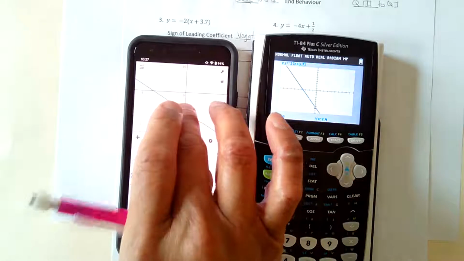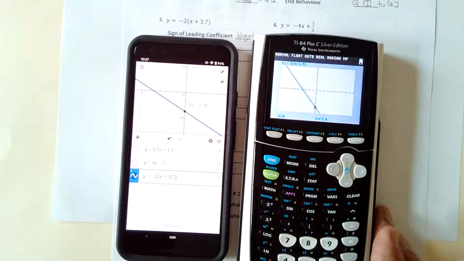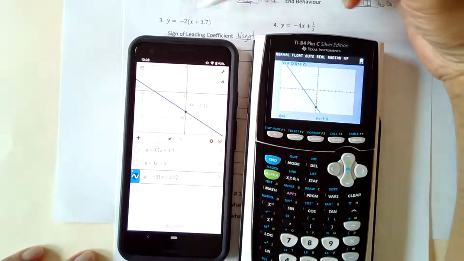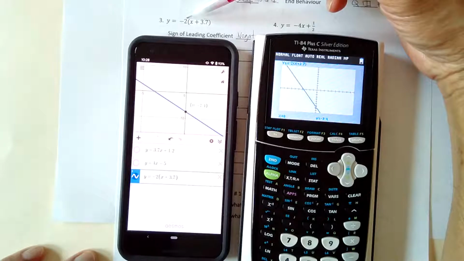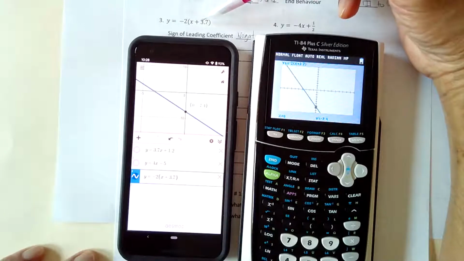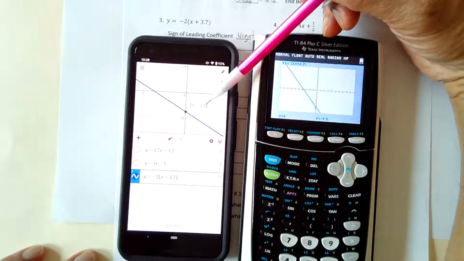Let's see on Desmos, what is it? Negative 7.4. So we have the exact values on Desmos and the TI-84 for the y-intercept. So how is that different from what you see here? The reason is that you have a factor of negative 2. Negative 2 times 3.7 is negative 7.4.